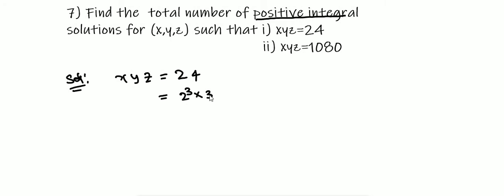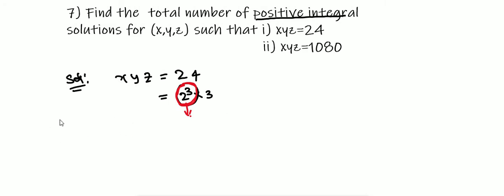So for the distribution of 2 power 3, we can convert it into our previous result: three identical objects must be distributed to three variables x, y, z. So for our better understanding, x takes x1 2's, y takes x2 and z takes x3.